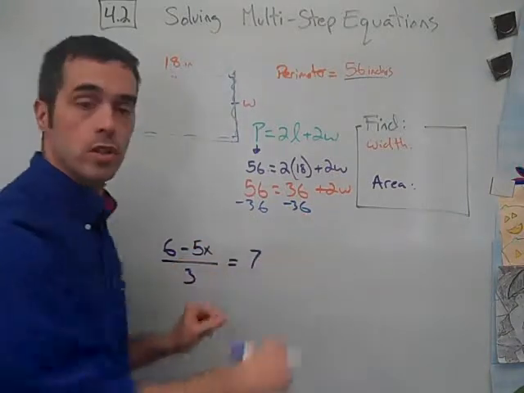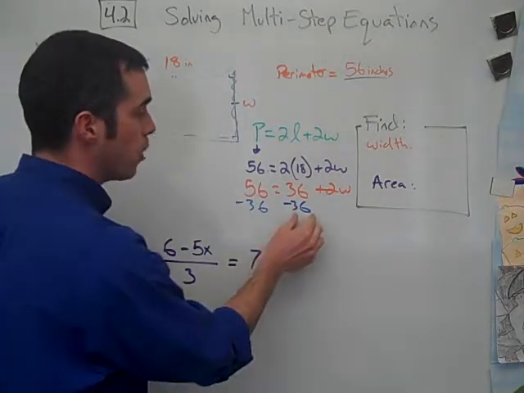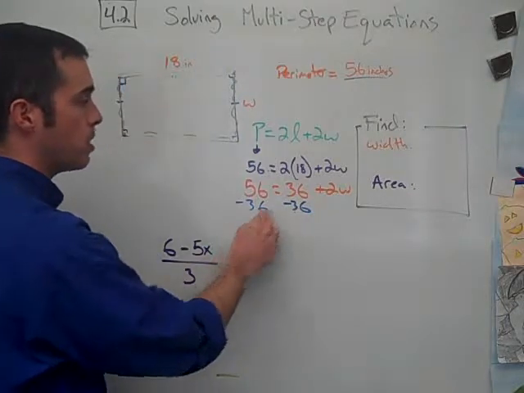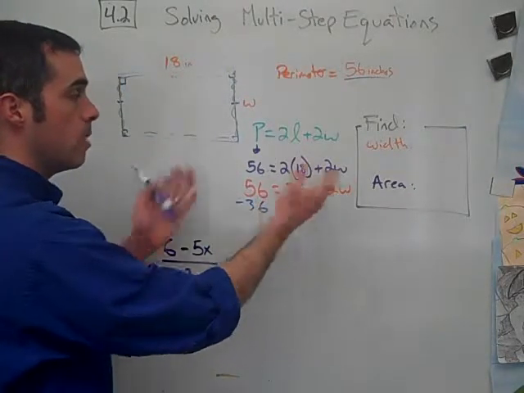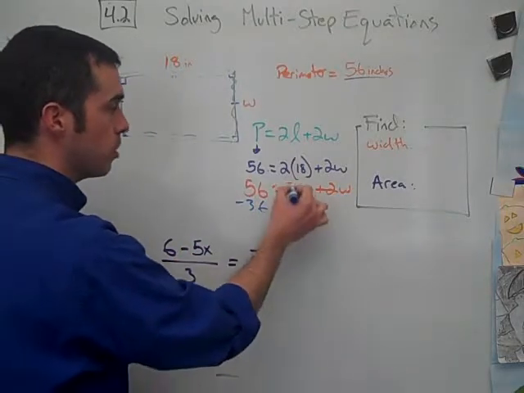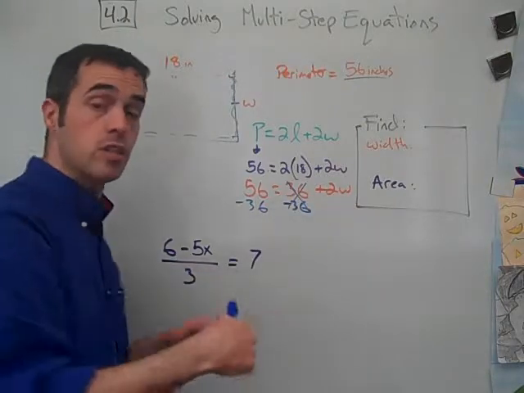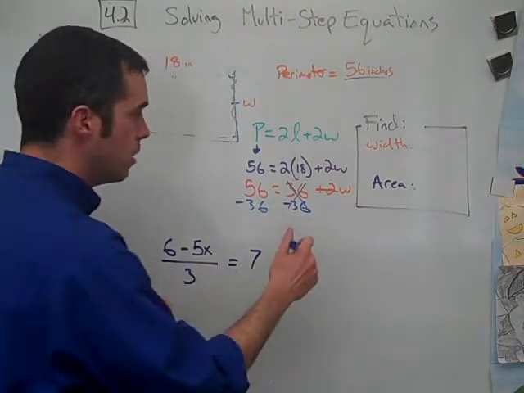Down here, I'm using what's known as the subtraction property of equality. It says, if I subtract the same amount from both sides of an equal sign, then my equation will maintain its balance. 36 minus 36 is 0. 0 plus 2w, thanks to our friend the additive identity, is just 2w.